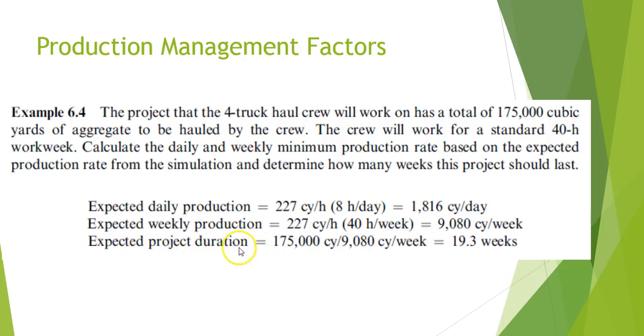And the expected project duration then is 175,000 cubic yards divided by 9,080 cubic yards per week, or 19.3 weeks. Obviously you could also calculate how many days, can't you? If you know that you've got a 5-day work week or whatever, 6-day, then you'll get a different answer. But in this case, 19.3 weeks is how long it's going to take for that crew to move that pile of aggregate.